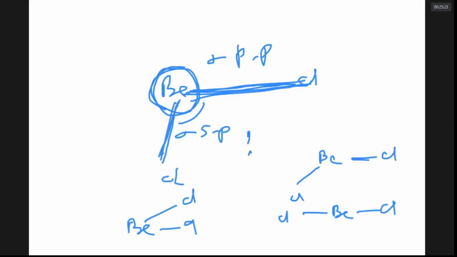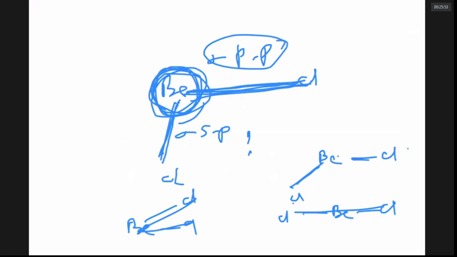It can be like this, like this, like this, because the s orbital has no direction; it is spherical. So the BeCl2 shape is not clear. It can have any shape. The Cl-Be-Cl bond angle can be anything because one bond is formed by sigma pp overlap and one by sigma sp overlap. The s orbital is spherical, it has no particular direction.